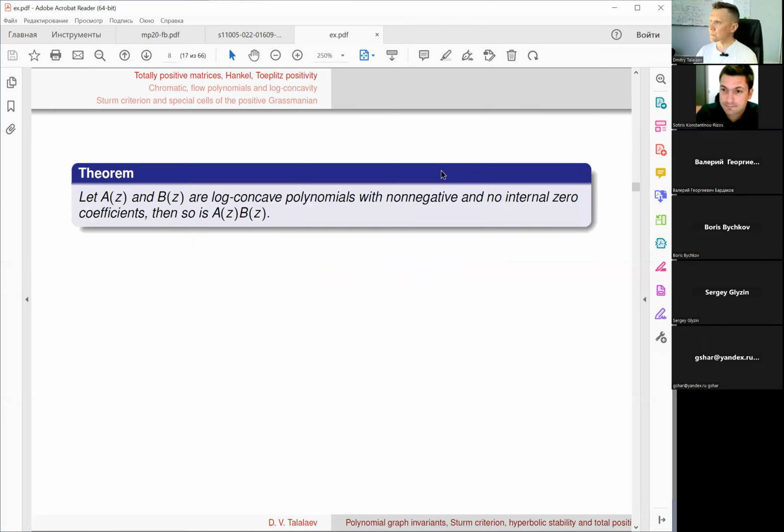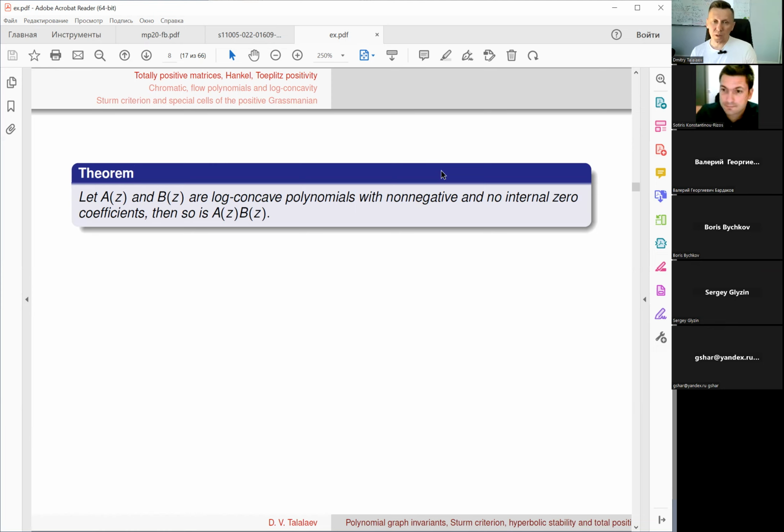This interpretation of log concavity in terms of some positivity property of matrices is very useful from the point of view of this theorem. If A of z and B of z are log concave polynomials, it means that the coefficients of these polynomials are log concave number sequences, and there are no zero coefficients in the middle of the sequences, then so is the product of these polynomials.